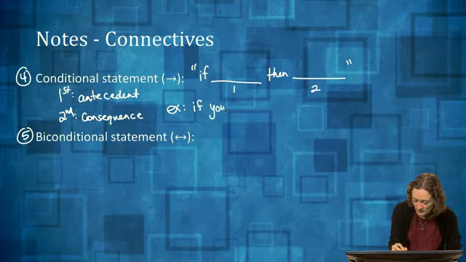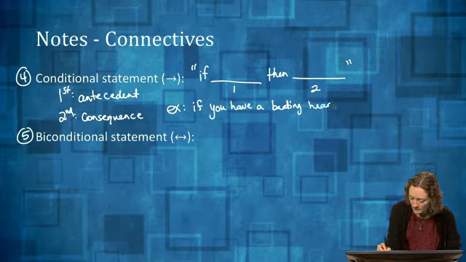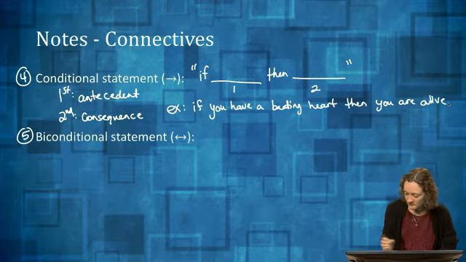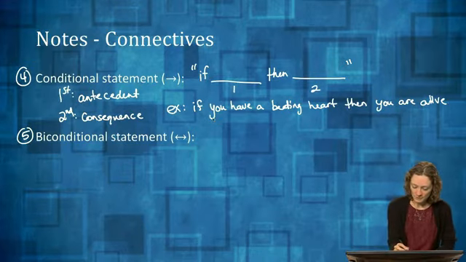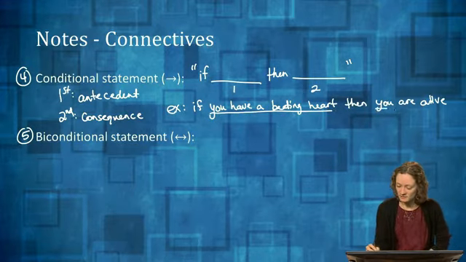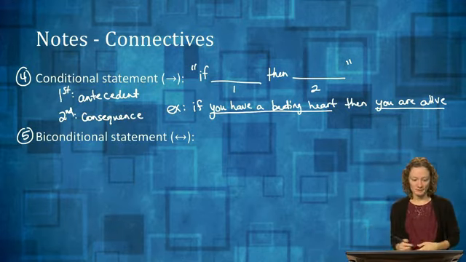If you have a beating heart, then you are alive. So the two ideas that can potentially be true or false, you have a beating heart, you are alive, connected with if-then, one of the connectives.